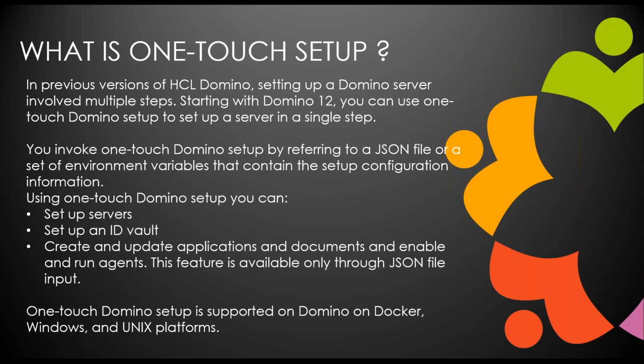If you want to do something more sophisticated, and in 12.01 it's going to get even more sophisticated, like setting up the new certification manager with the micro CA already configured, I mean, it can go really deep, you have to use the JSON file. One-touch setup can be used when you install Domino on Windows, Unix, Linux, and Docker. So all three platforms are supported.